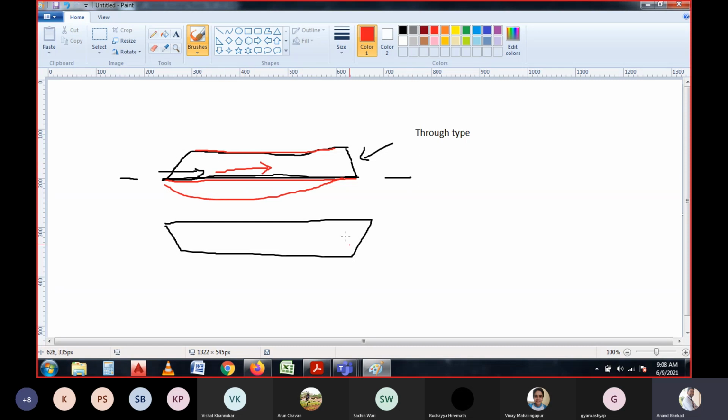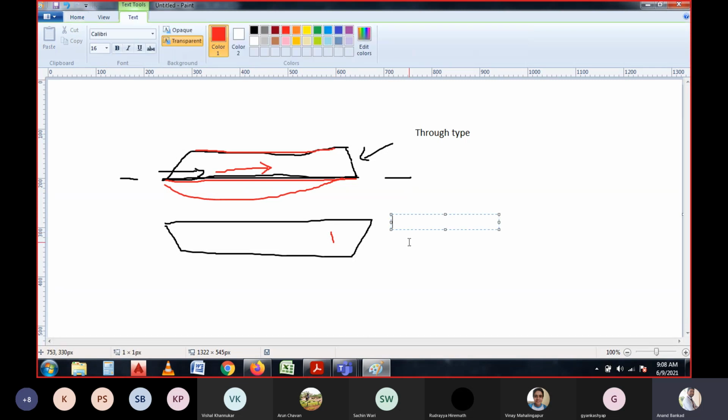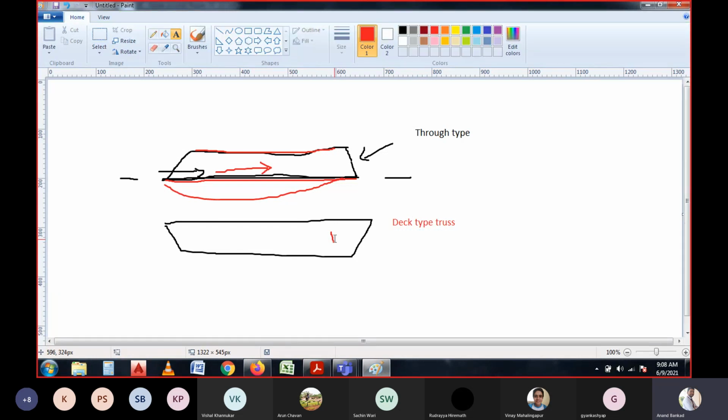And here, if you consider this truss, it is a deck type truss. So this is the deck type truss and this is the through type truss.